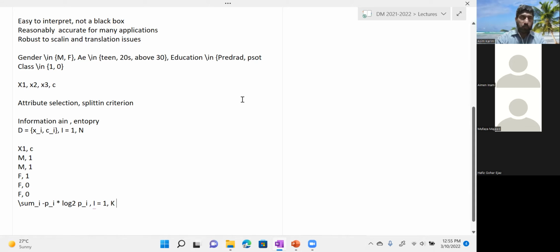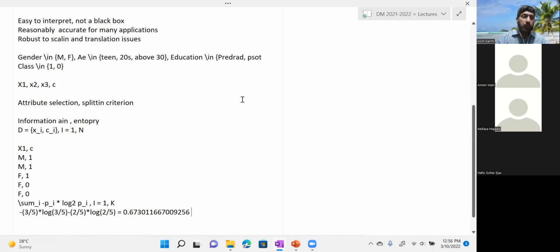In this case, there are just 2. So the entropy of the original data set, in which we are just considering the class labels, is essentially minus 3/5 into log 3/5, then minus the second one, 2/5 into log 2/5.